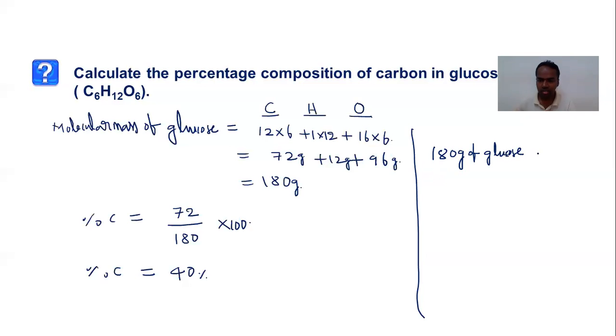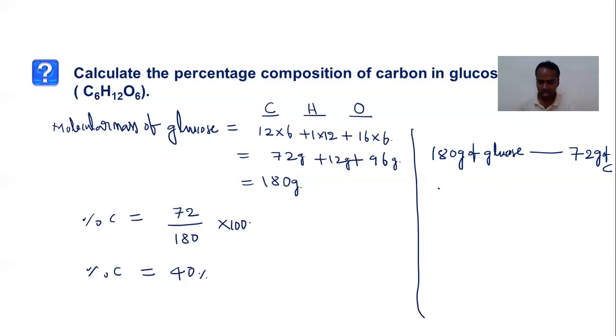180 grams of glucose contains how many grams of carbon? 72 grams of carbon. Now take 100 grams.